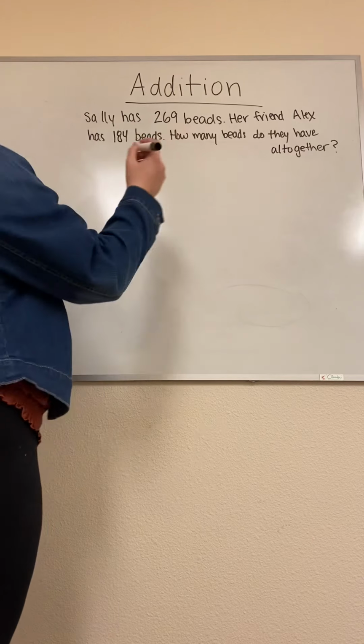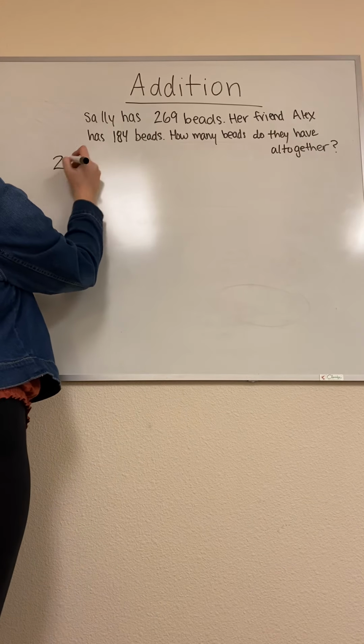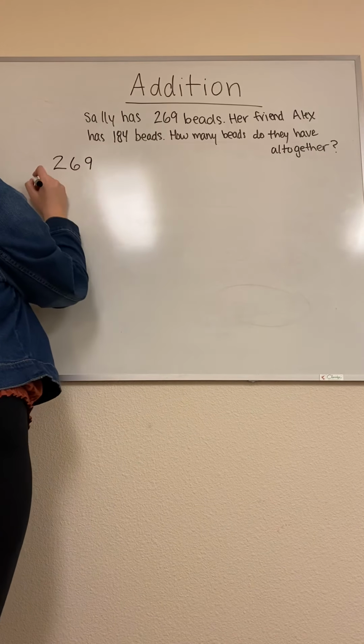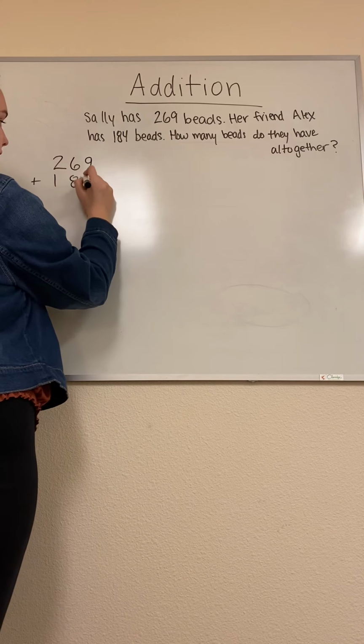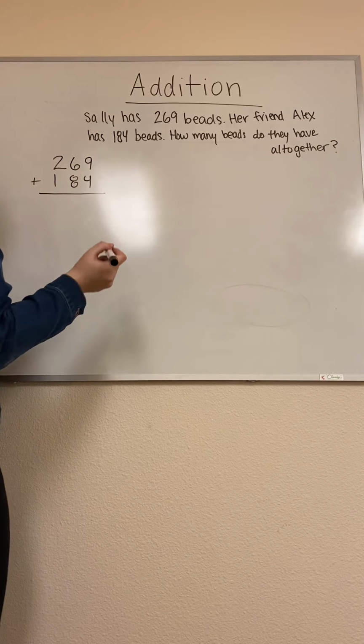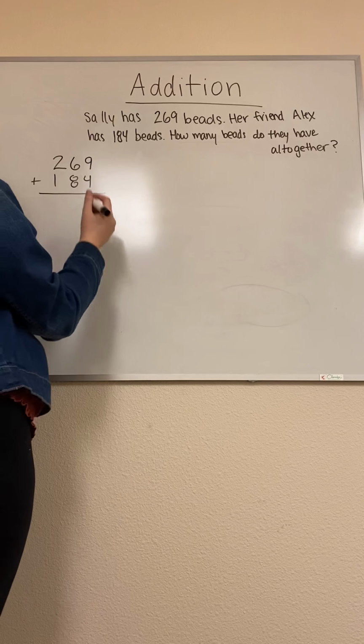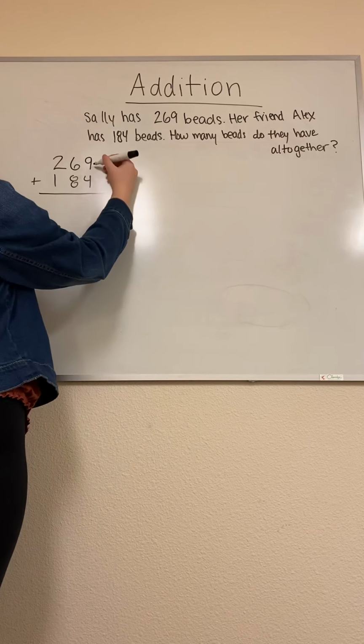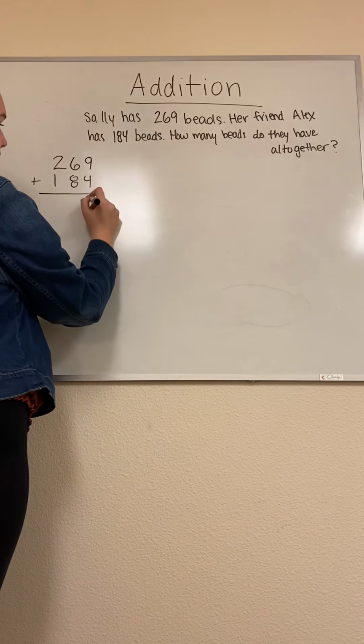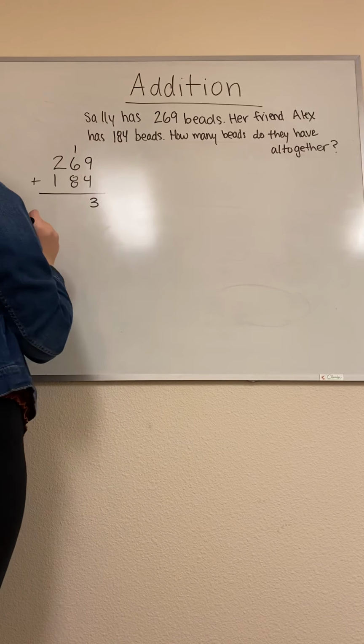The standard way that you would solve this is by writing 269 plus 184. We'd be starting with the ones place, and I'm going to talk in a second about why this works. So we have 9 plus 4, which equals 13.